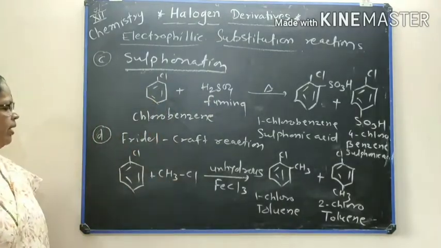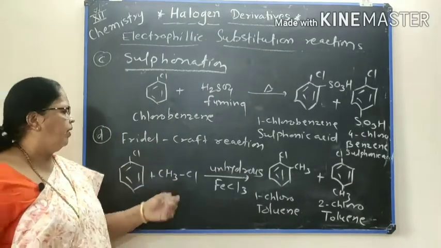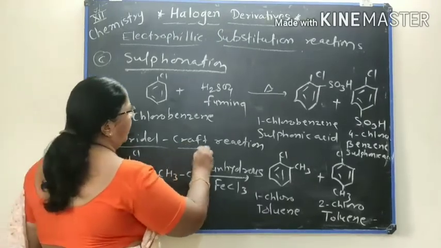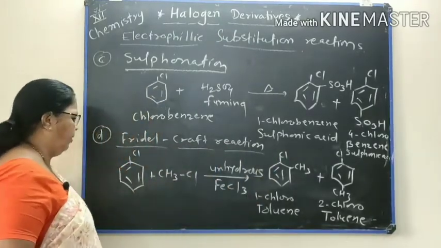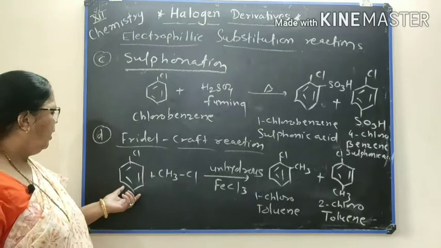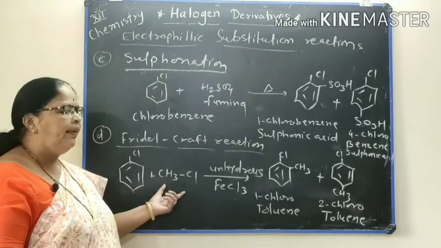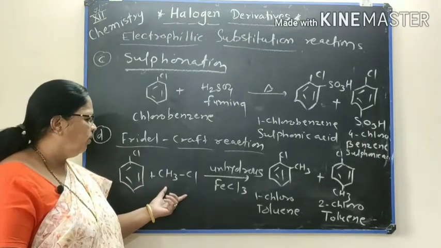Next reaction is called Friedel-Crafts reaction. Here the chlorobenzene is treated with alkyl halides such as methyl chloride.